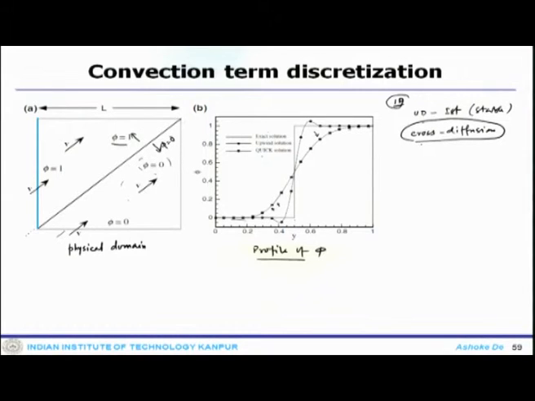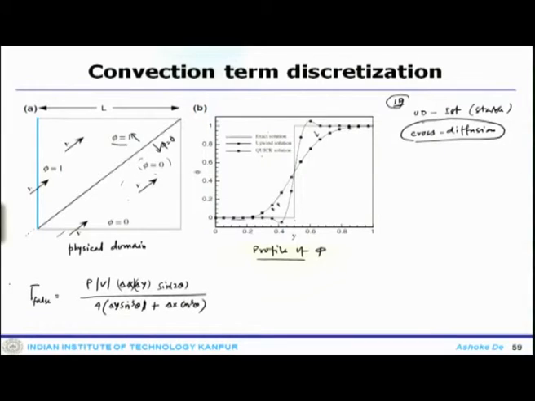So, one can have an approximate expression for the cross diffusion term, which is given in the literature, such that the false diffusion term can be estimated as rho magnitude of v delta x delta y sin 2 theta divided by 4 times delta y sin cube theta plus delta x cos cube theta.